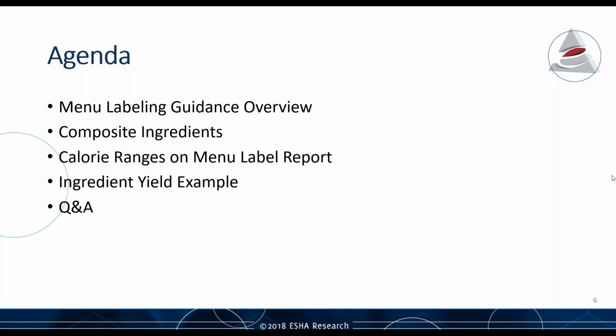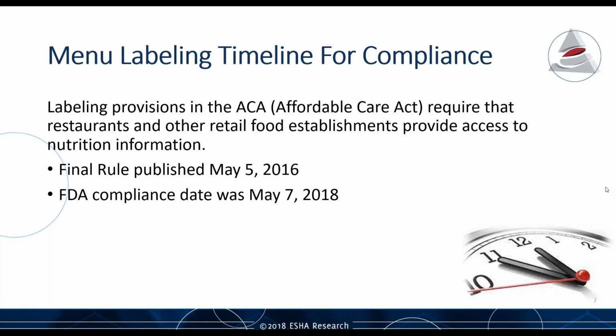We're going to take a look at creating a couple of menus, how it can be used, things like that, and then we'll look at some ingredient yield examples. We have a brand new yield in Genesis, so we'll look at that in a few minutes as well. With that, I'll hand things over to Alicia. She's going to go through some of the regulatory pieces before we get into the actual application.